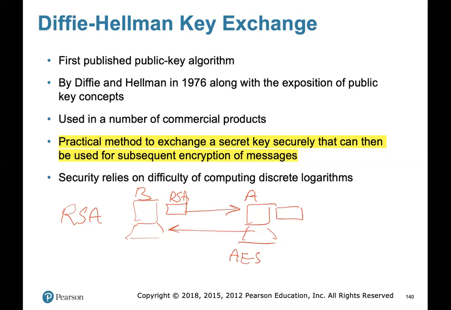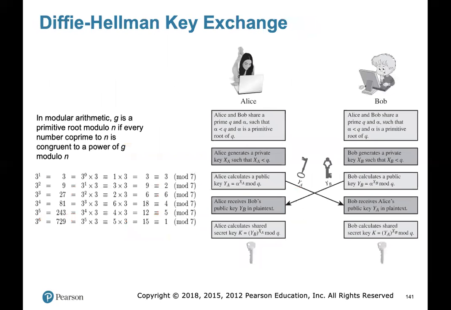But here in Diffie-Hellman, we will not be using RSA. We use Diffie-Hellman, and we can exchange the key much more easily, because in terms of computation it has fewer computations with respect to RSA. The way it works is shown here in this right plot, which shows how Alice and Bob want to exchange the keys.